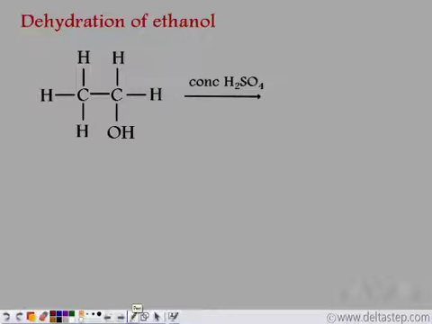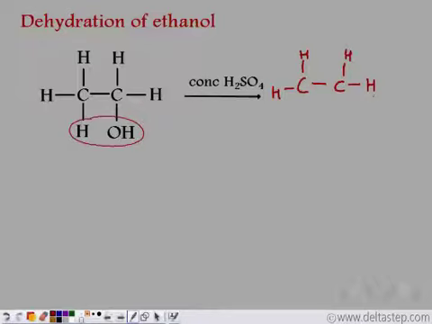That is, this H is removed and this OH is removed. As it removes this water molecule, we get CH. Now, since this water molecule is removed, each carbon has only 3 covalent bonds.